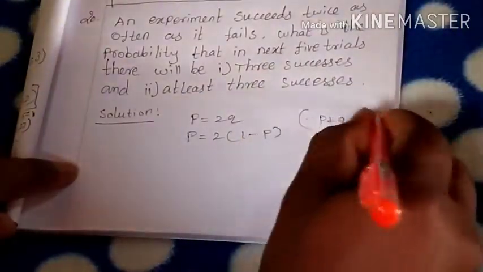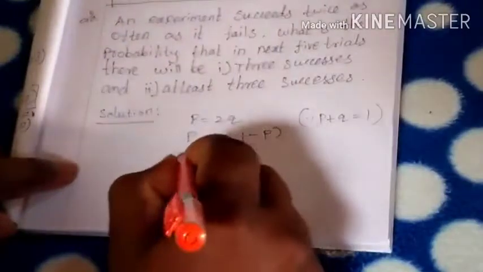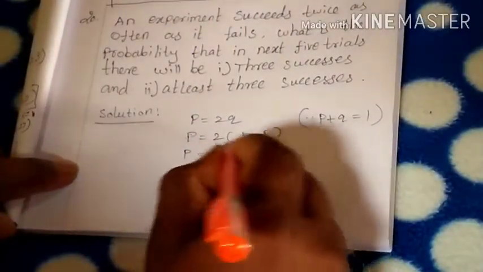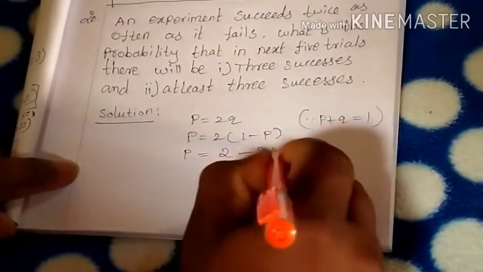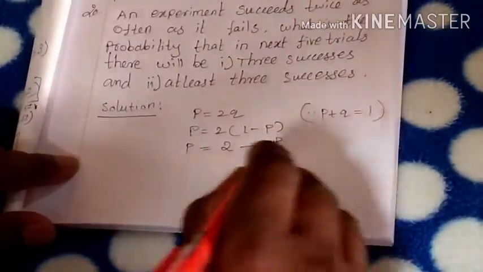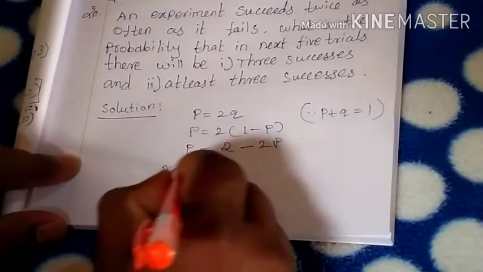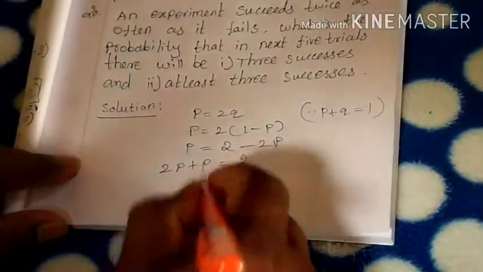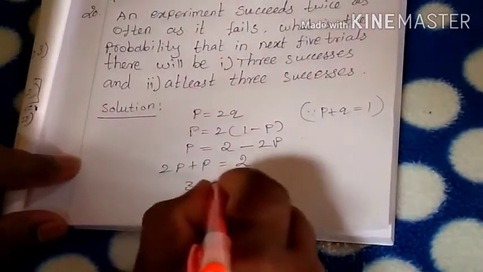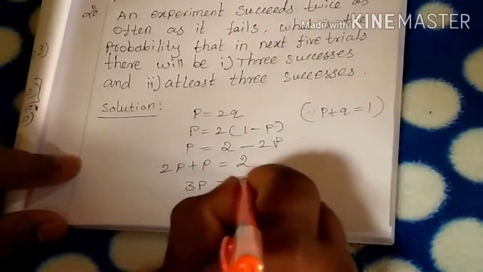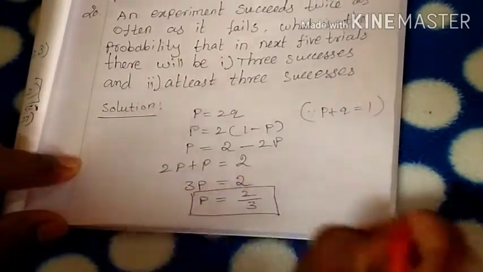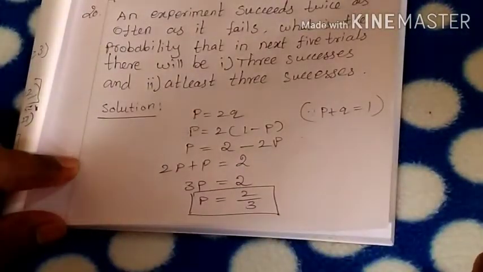So P is equal to 2 into (1 minus P), which is 2 minus 2P. Making the transformation, 2P on this side, 2P plus P is equal to 2, so 3P equal to 2. So P is equal to 2 by 3.